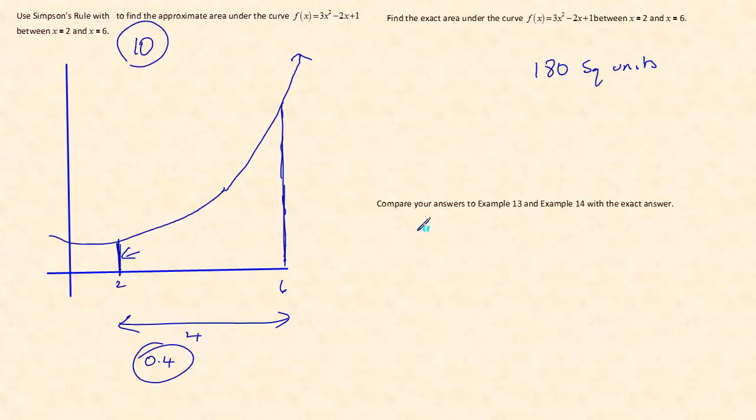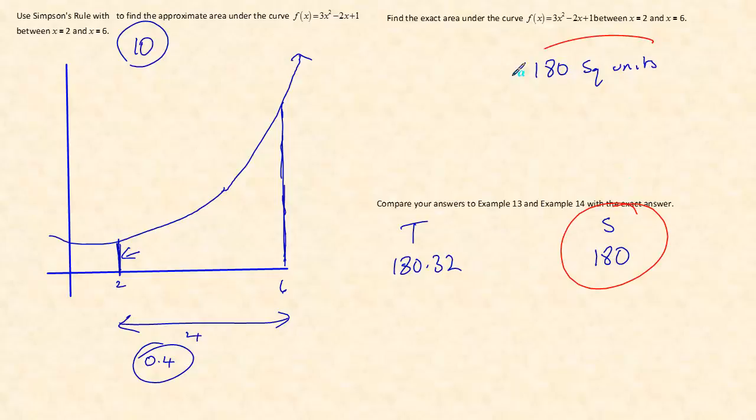Now the trapezium rule gave us 180.32. Simpson's rule gave us 180. Now Simpson's rule isn't always exactly accurate like this. It's an approximate method. However, we started by looking at a quadratic.